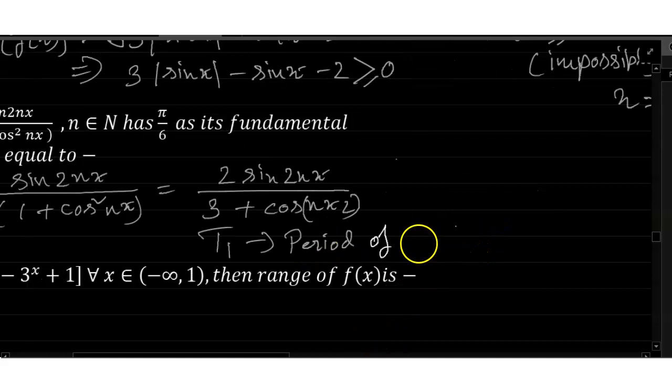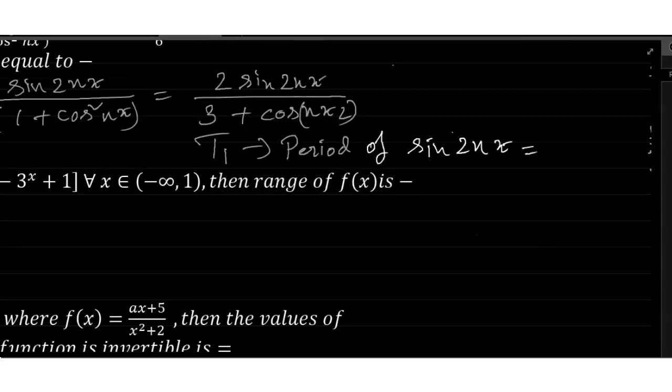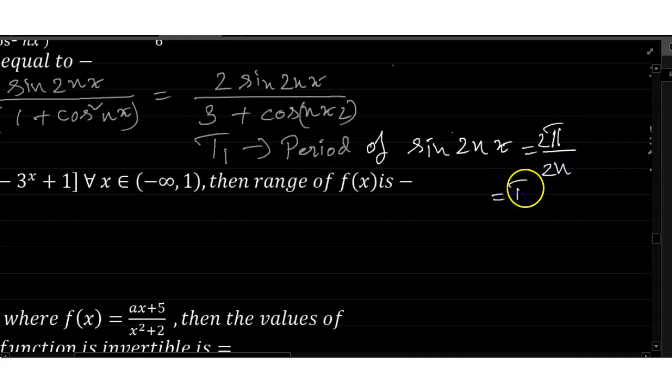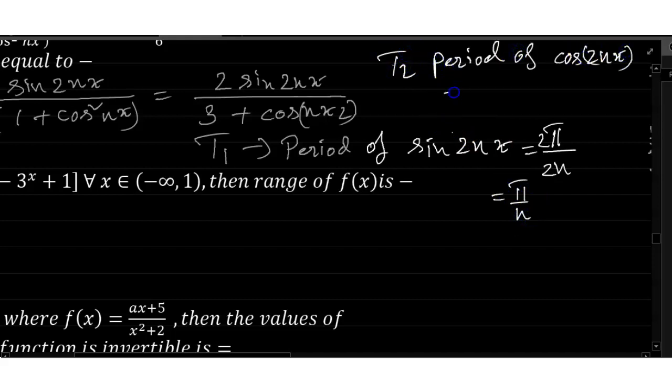The period of sine 2nx, T1 equals 2 pi by 2n equals pi by n, and T2 equals the period of cos 2nx, equals 2 pi divided by 2n equals pi by n.